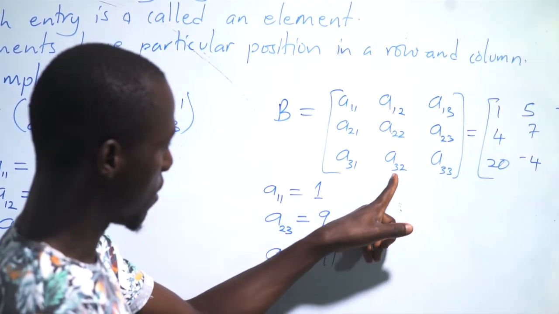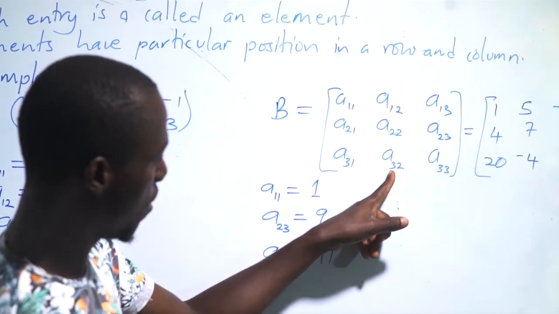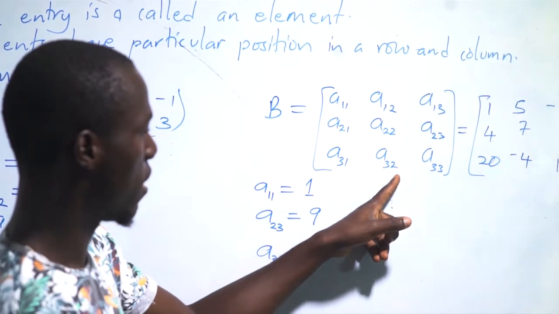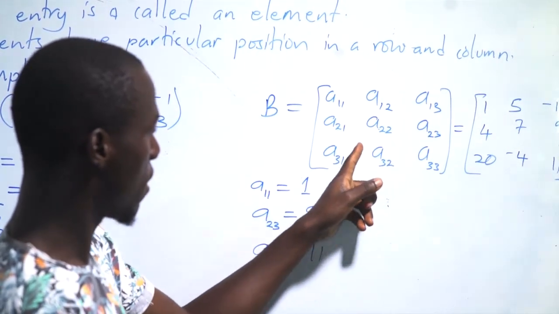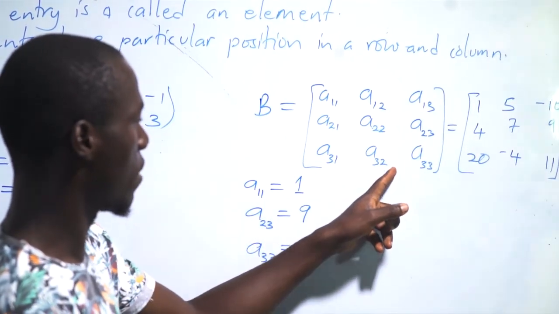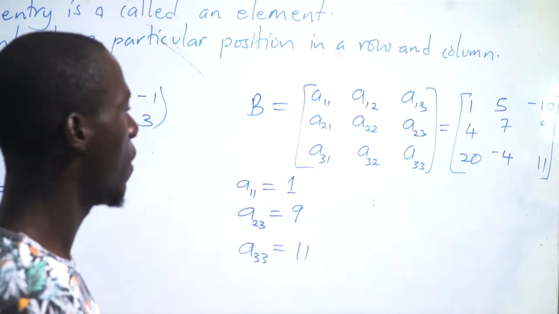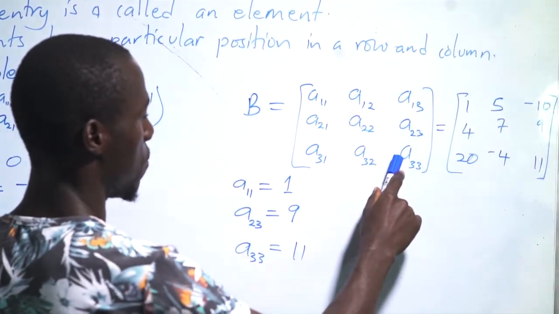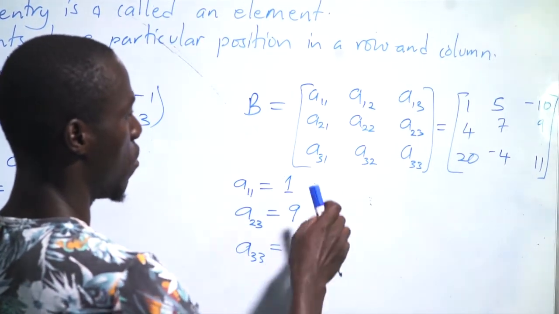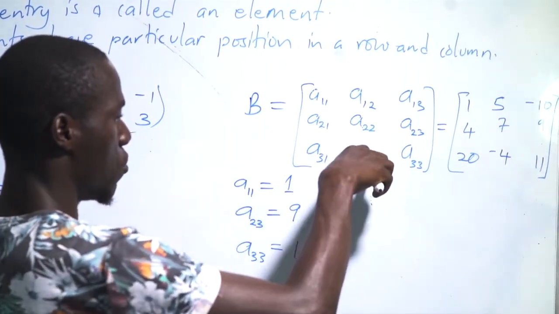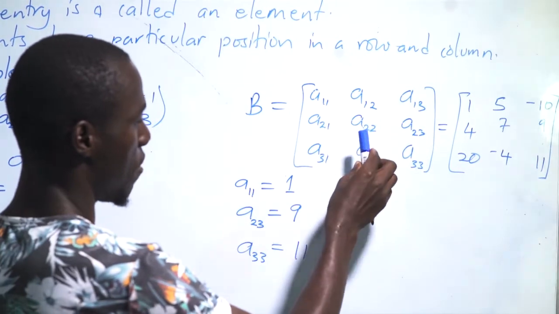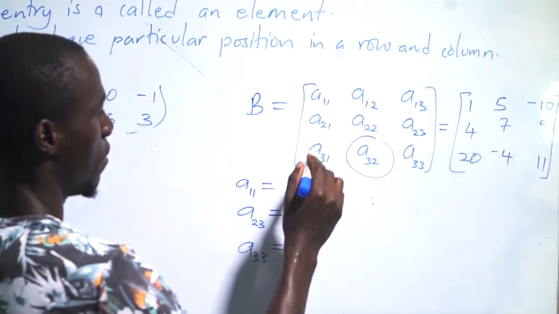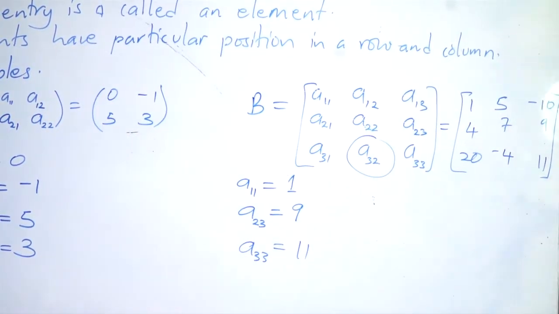So we are having the element here to be the element in the third row, second column. That is, when I count the rows 1, 2, 3, then I count the columns as 1, 2. So that is where I find the A32.